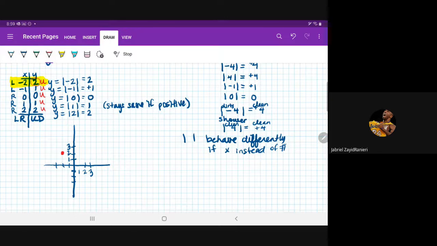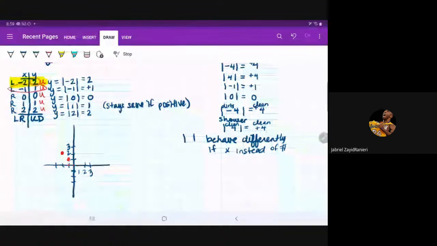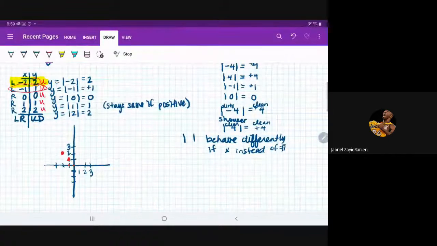And the next point is -1, 1. So that means start at 0, 0, left 1, up 1. And then put that. Okay, 0, 0 is start at 0. Don't go right, don't go up. Put a dot.